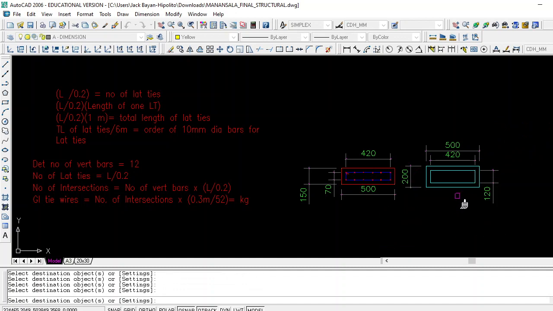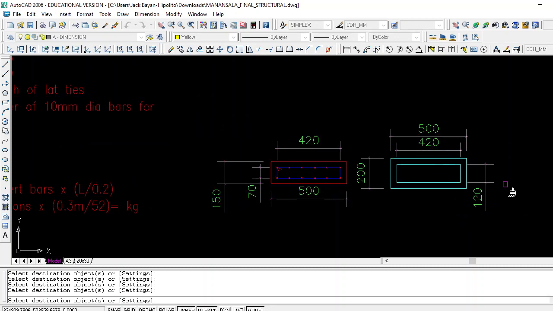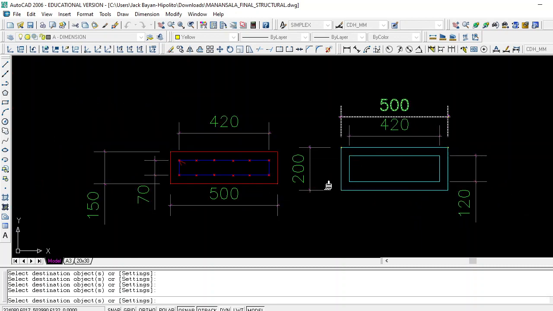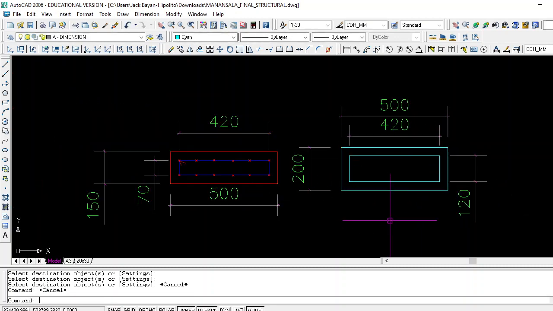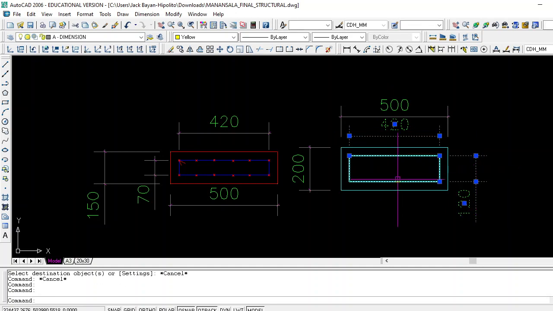So, from a measurement equal to 500 by 200 na column, you now have a stirrup with measurements 120 by 420. So, pag kukunin mo yung perimeter niya, you have 420 plus 120 plus 420 again on this side plus 120.